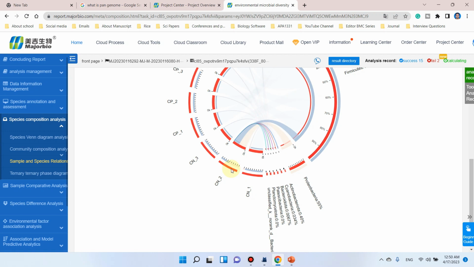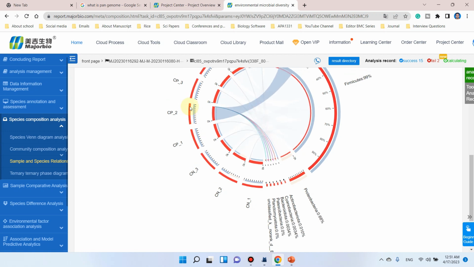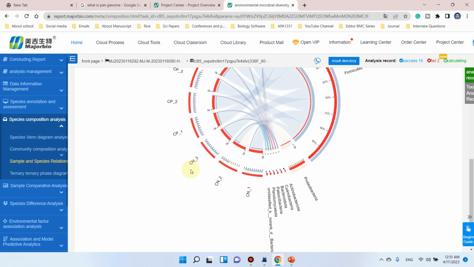But if we take control negative 2, now the proteobacteria is 55%, and similarly in control negative 3, proteobacteria is 3.8%. Similarly in the control positive, you can see now the proteobacteria overall concentration is decreasing, that is only 0.35%, and here it is 0.68%. So it means the overall proteobacteria in control positive is decreasing.